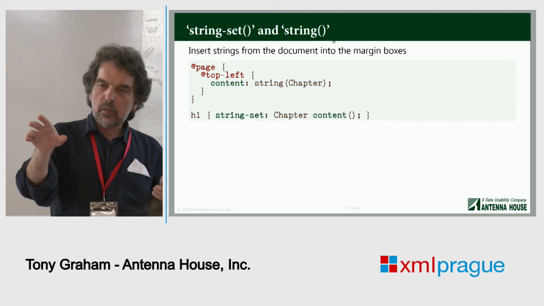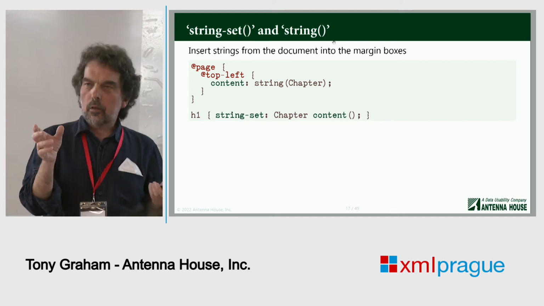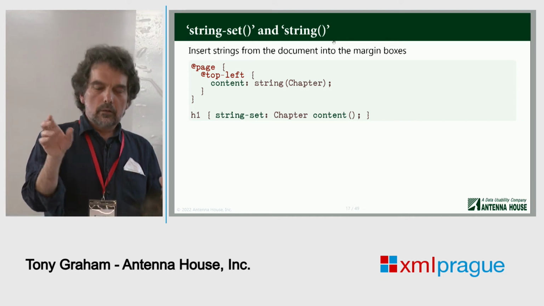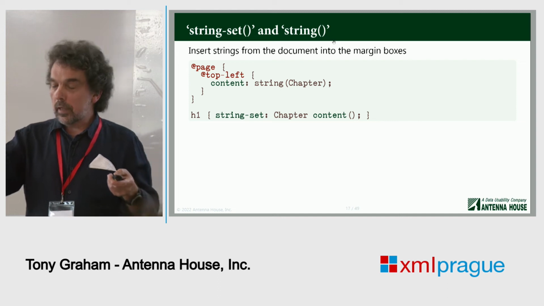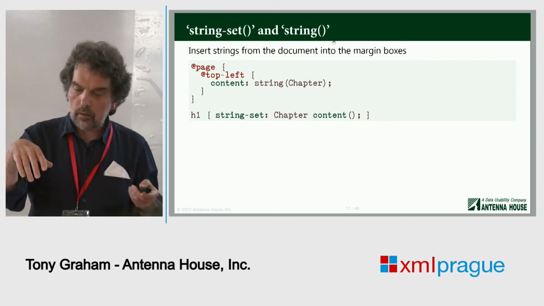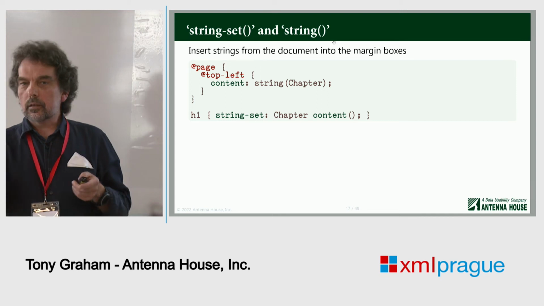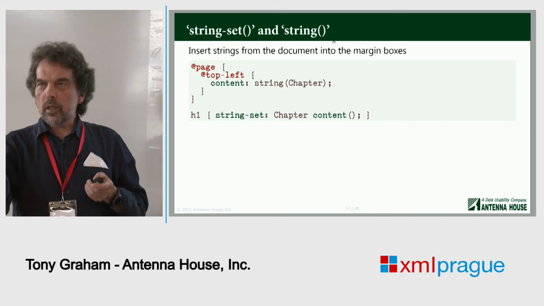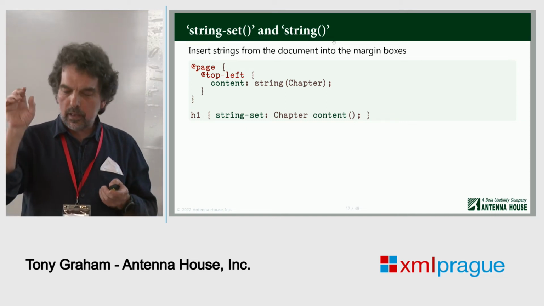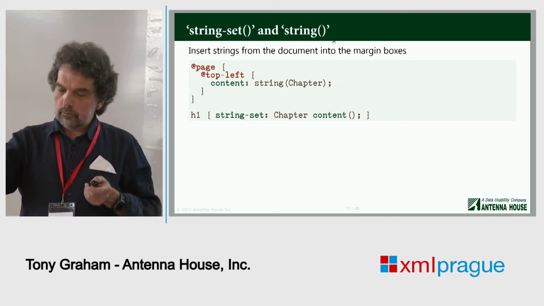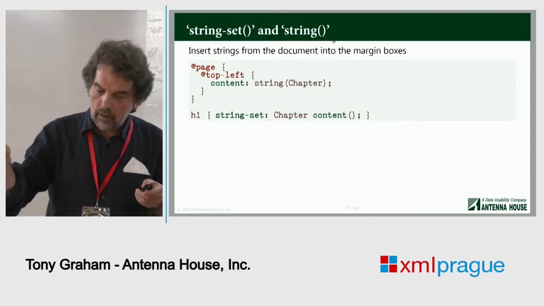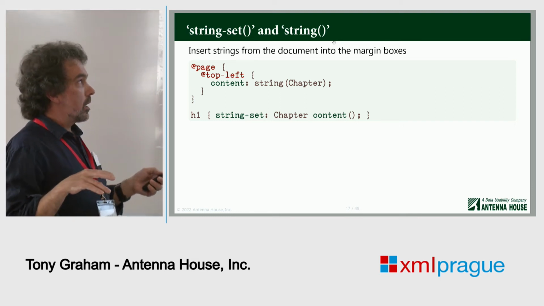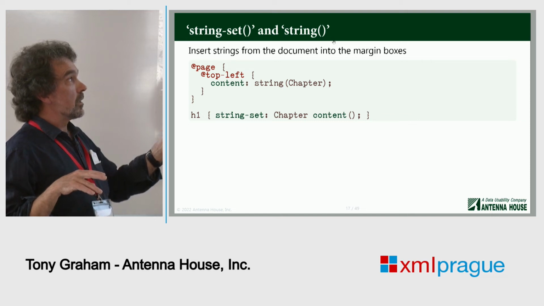In a page margin box, you use the content property, which is the standard CSS property for generated content, in this case placing it as the content of an element, and we use the string function to get a string that we've defined before. So, for example, string chapter, we're using the current value of the chapter string, which some other CSS rule has defined using the string-set function.